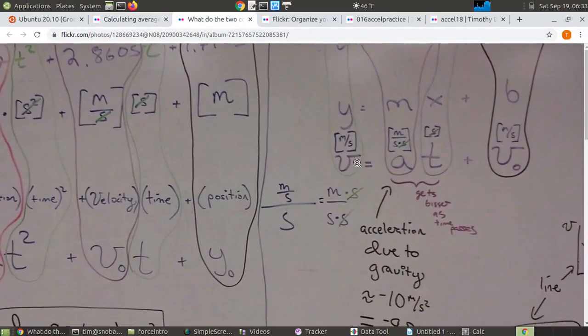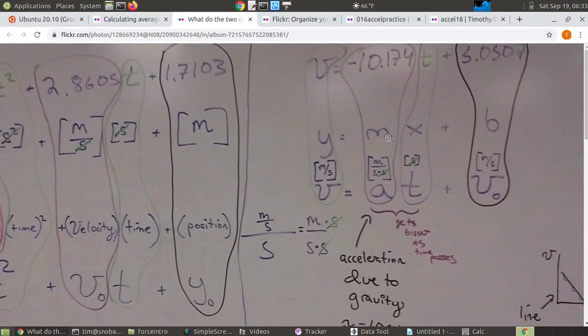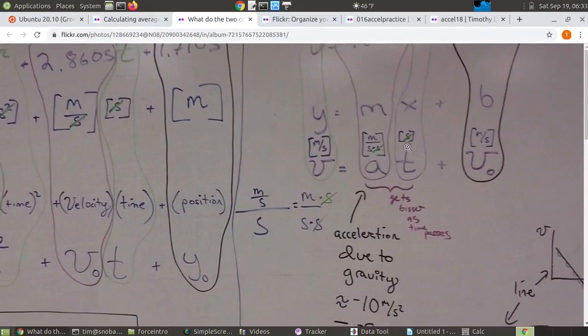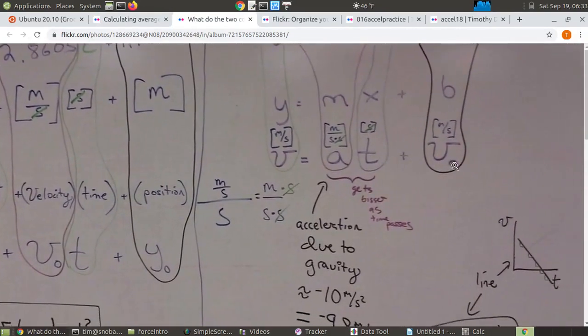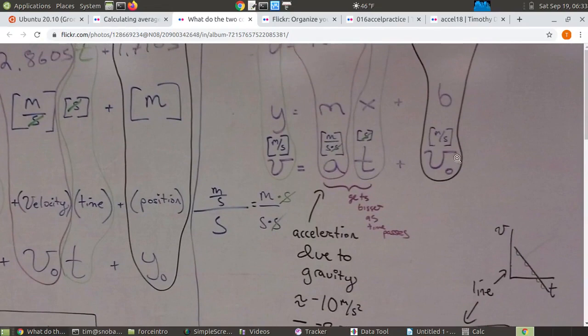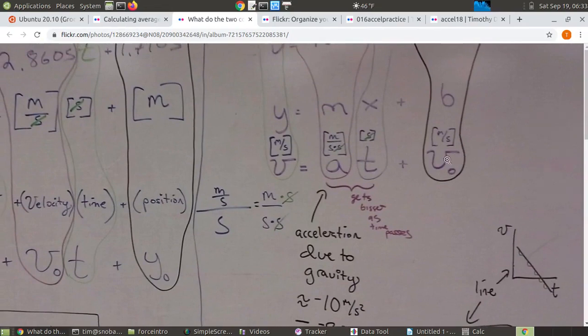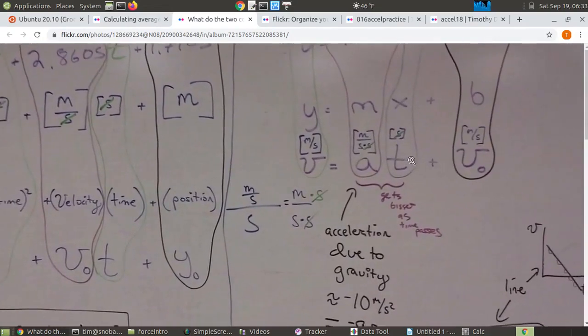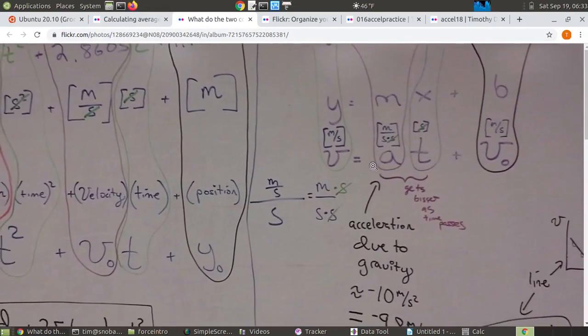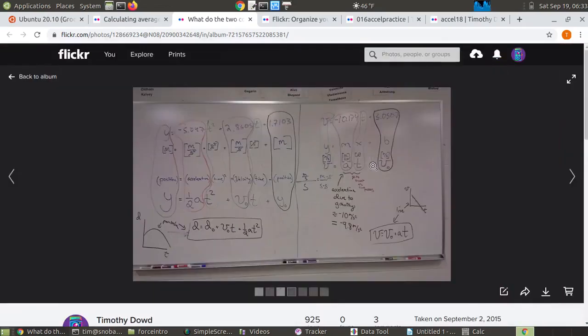On the y-axis, we have velocity. The slope on a velocity time graph is acceleration. On the x-axis, we have time. And the intercept would be whatever speed you're going at the beginning. So this equation could be used to figure out the relationship between time and velocity. Taken together, we have two powerful equations that help us find out about a lot of physics variables with accelerated motion.